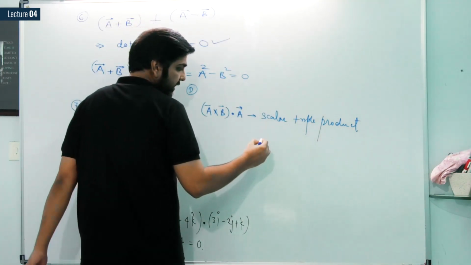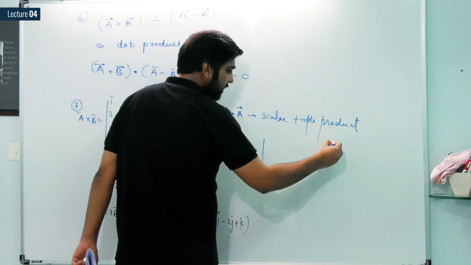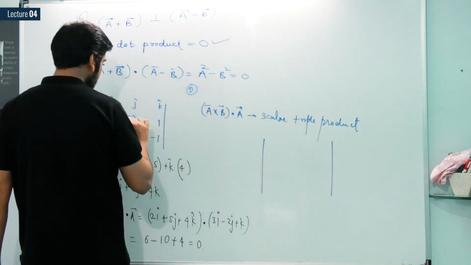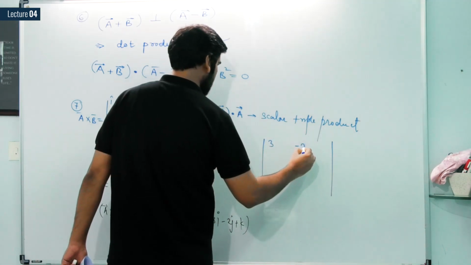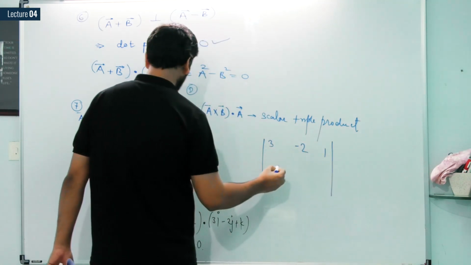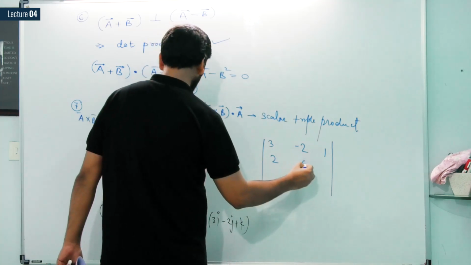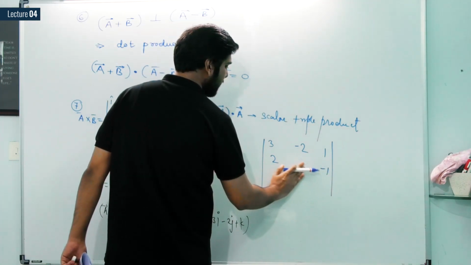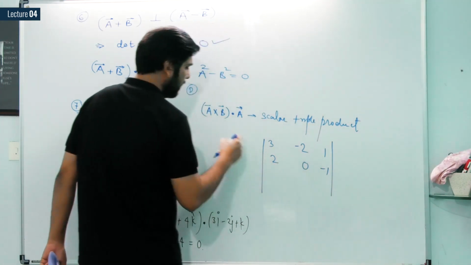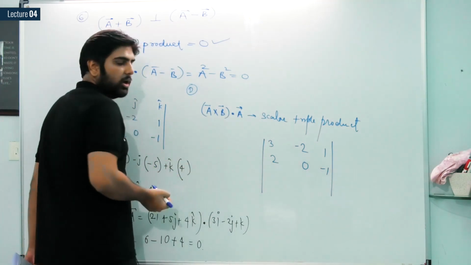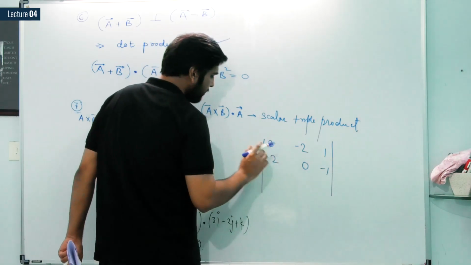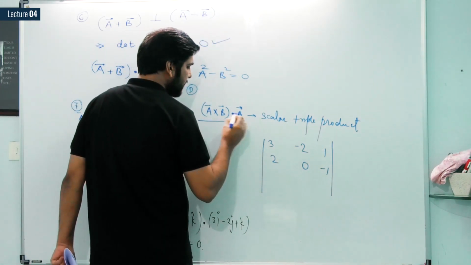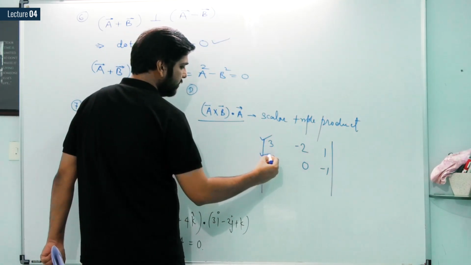It can be evaluated in the form of the determinant. So I am having the determinant: first A, 3 minus 2 1, then B, 2 0 minus 1, then again A. See, A cross B dot A or A dot B cross A, there is no problem at all. First you need to write A, then B, then again A.